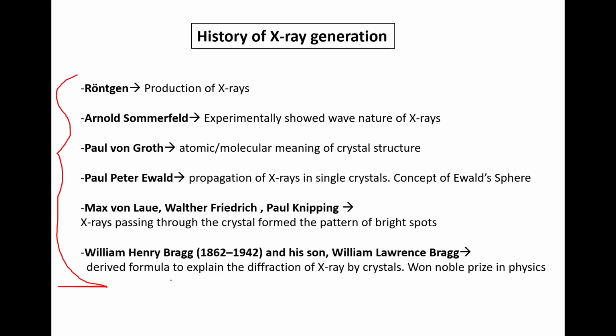Another group of scientists, von Laue and his students Walter Friedrich and Paul Knipping, who is associated with Sommerfeld, together theoretically derived the conditions that need to be satisfied to get an X-ray diffraction pattern.